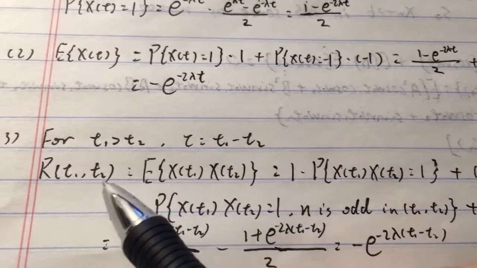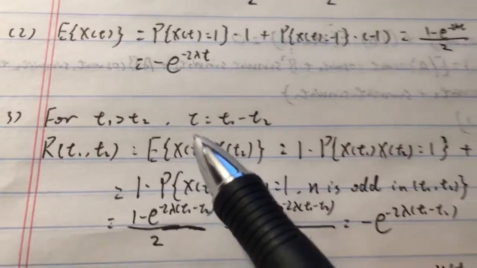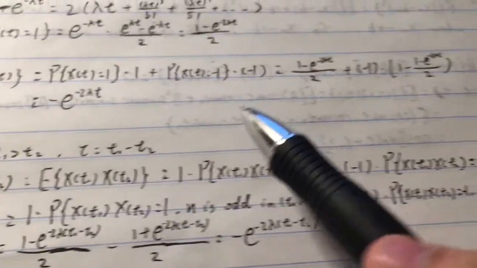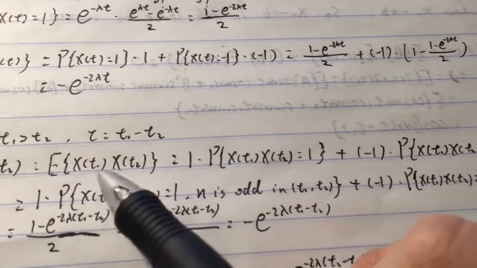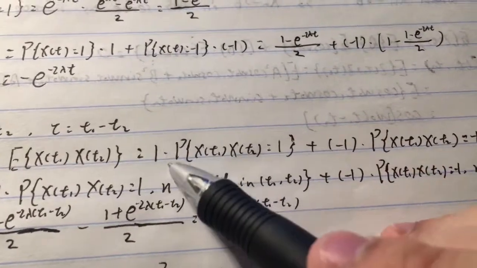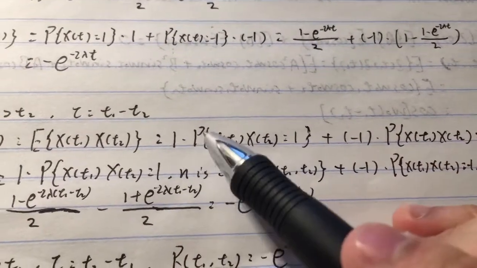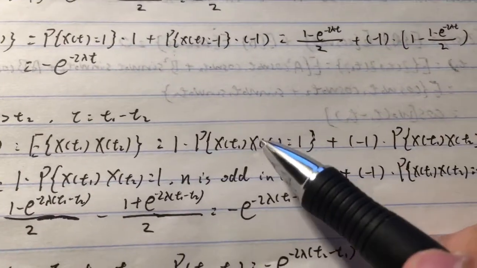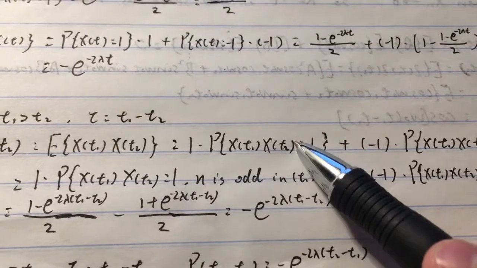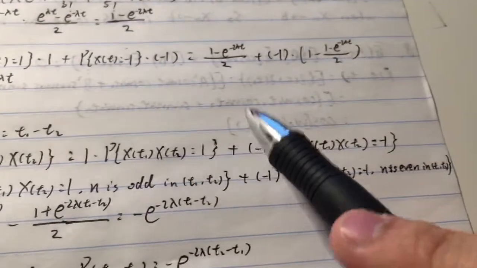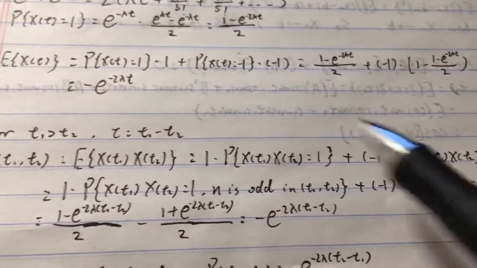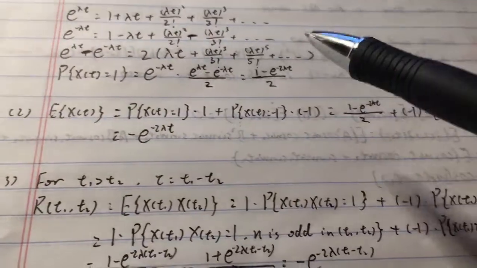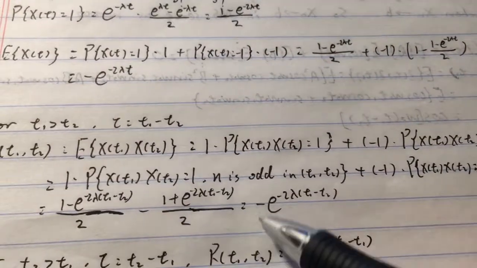The autocorrelation should be the expected value of X(t1) multiplied by X(t2), and this should be equal to 1 multiplied by the probability that X(t1)X(t2) equals 1, and add this term. We use the result of the first question, so the final result should be this.